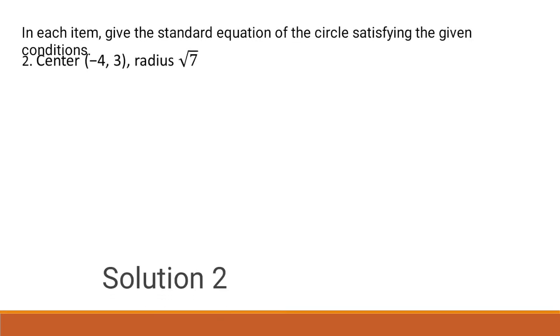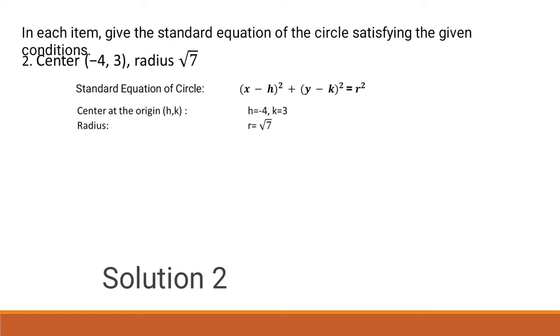For our question number 2, with the center of (-4, 3) and the radius of square root of 7. Our standard equation of a circle is (x minus h) raised to 2 plus (y minus k) raised to 2 is equivalent to r squared. So our center is given by h is equivalent to negative 4 and k is equivalent to 3, with the radius of square root of 7.